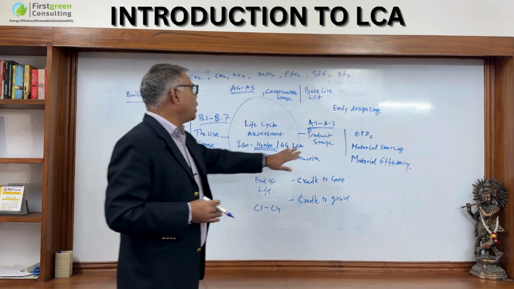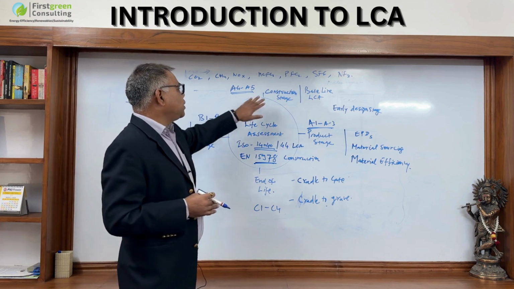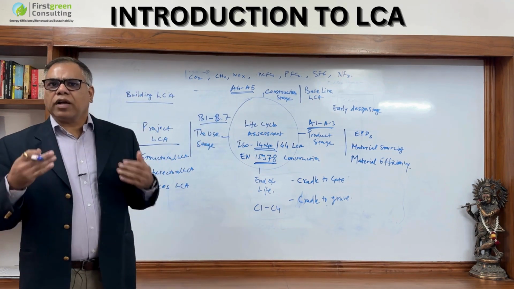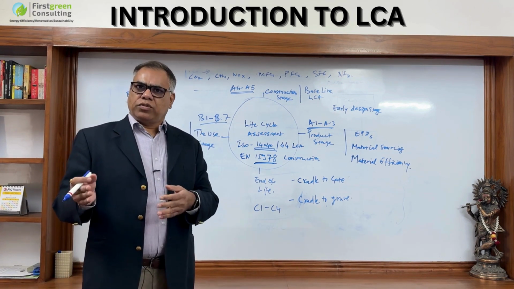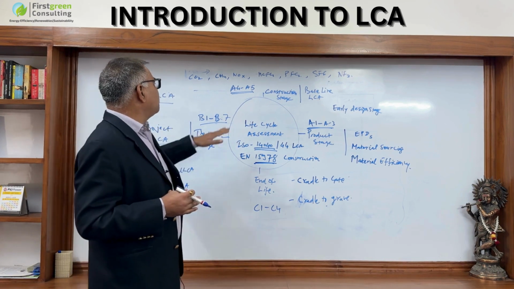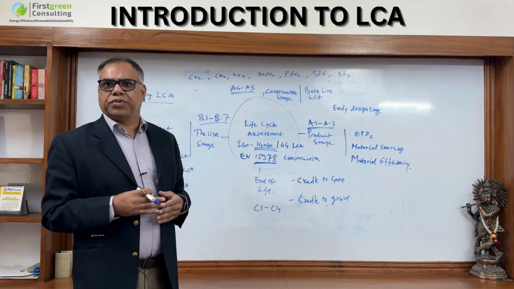When you go to the next stage, that is the construction stage. When you do the construction of the building, you are actually sourcing material and installing those materials. Those types of emissions are in the category of A4 to A5 stages.